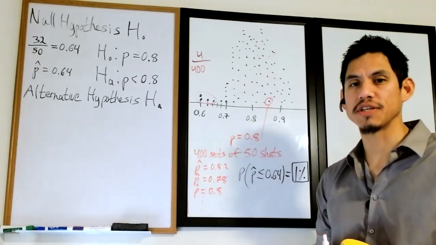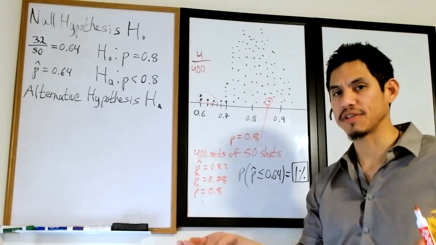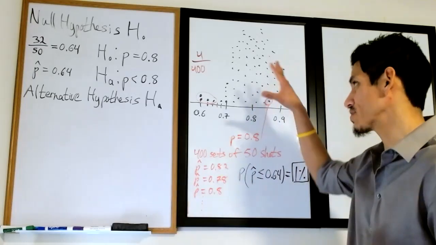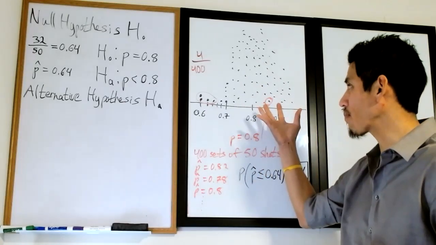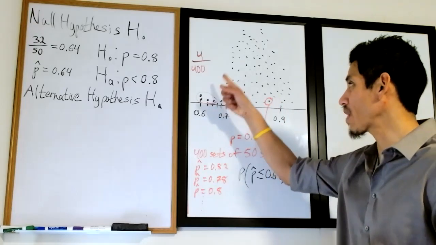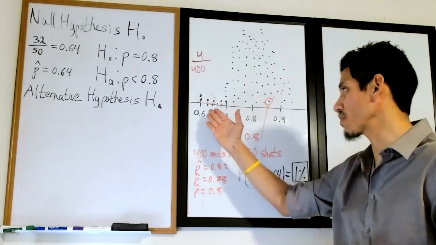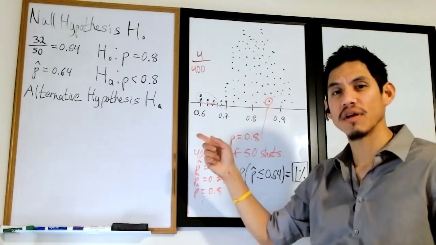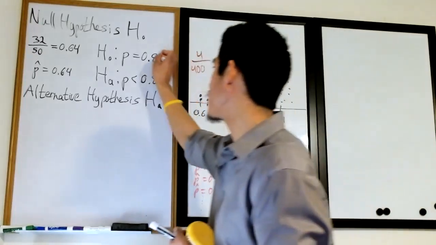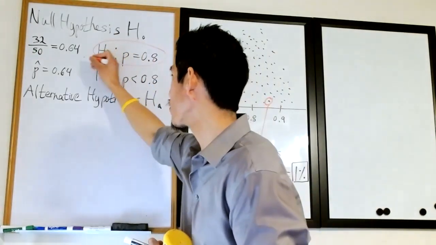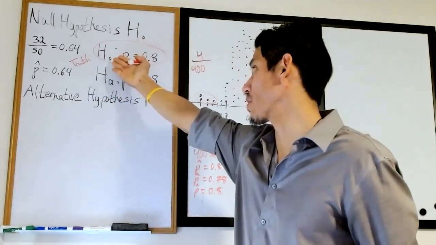Do a simulation. If you remember from the previous chapter when we covered sampling distributions, all this comes from that idea. Now we think, out of those 400 proportions, only 4 of them had a value of 0.64 or less. So it's saying that if we assume this is true, this is the truth. We start with our null hypothesis.